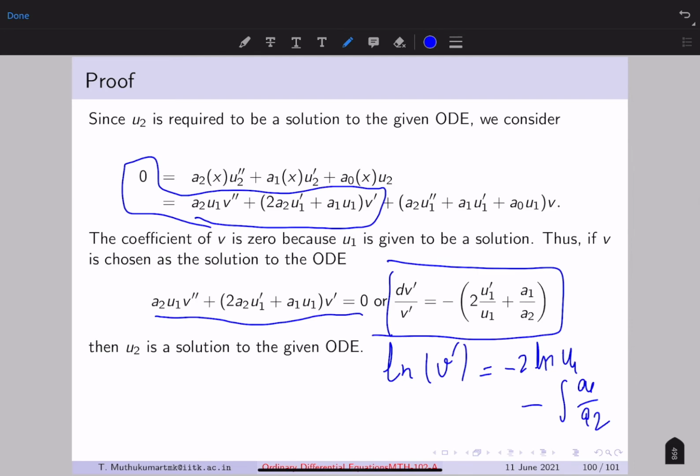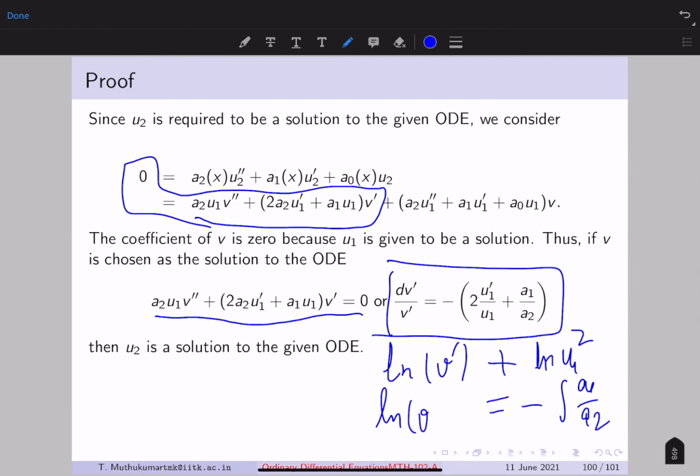But here this 2 can go as u1 square. If you bring it this side, this becomes plus, and equal to, right?